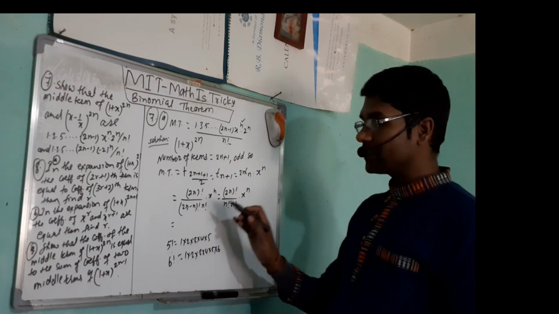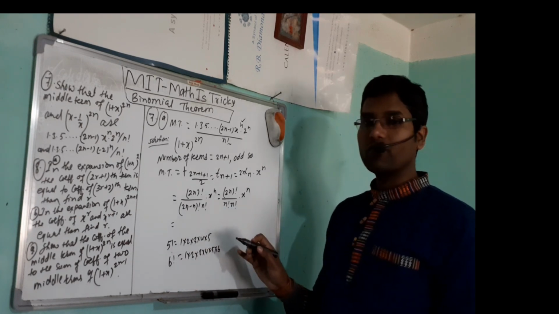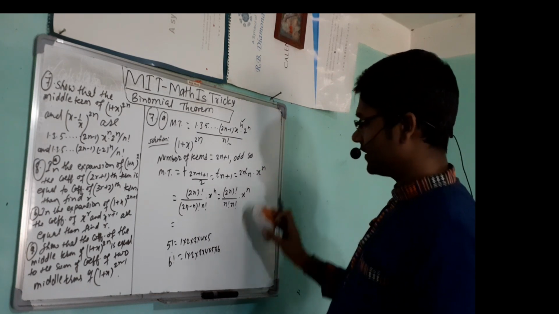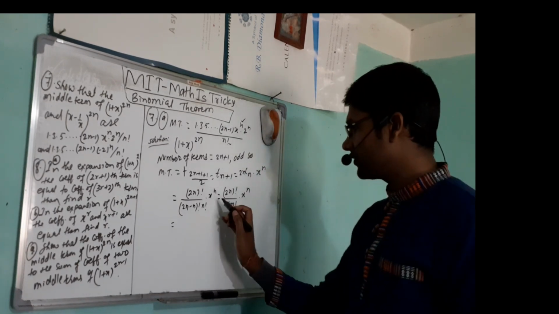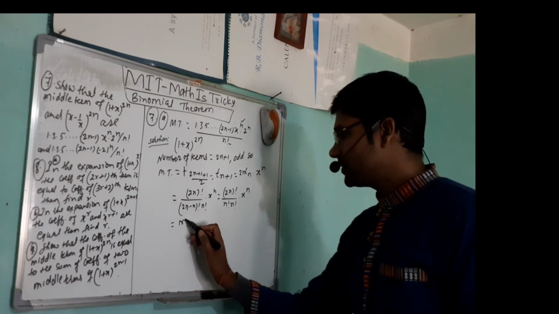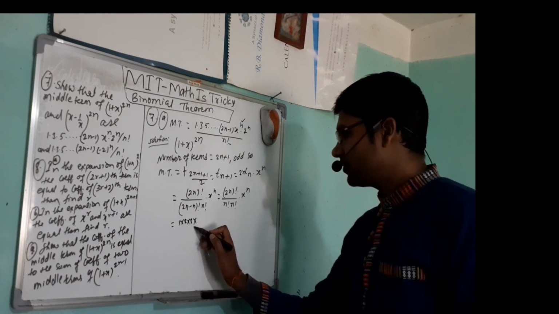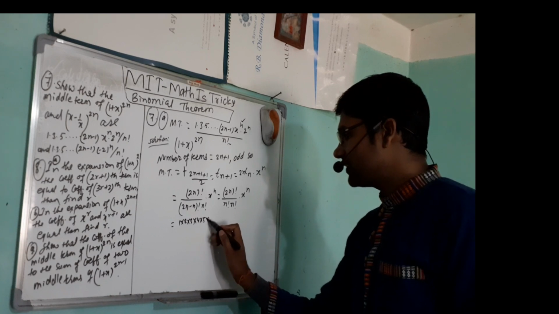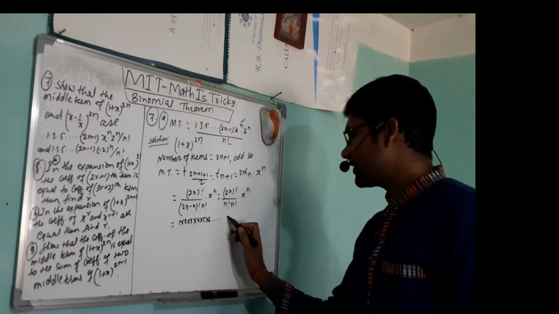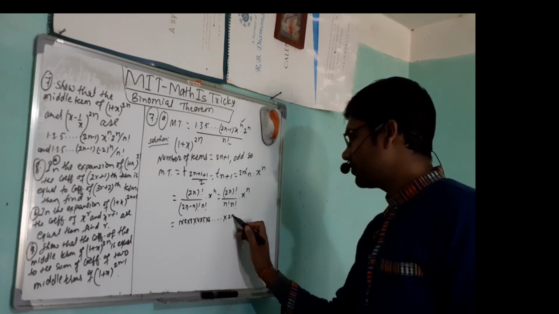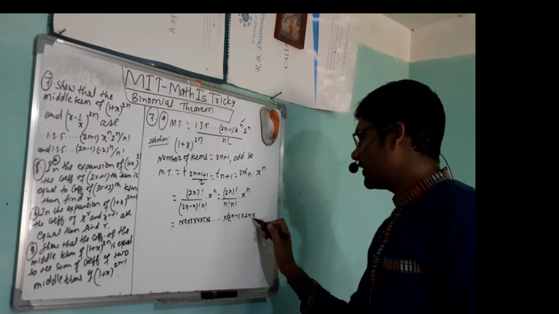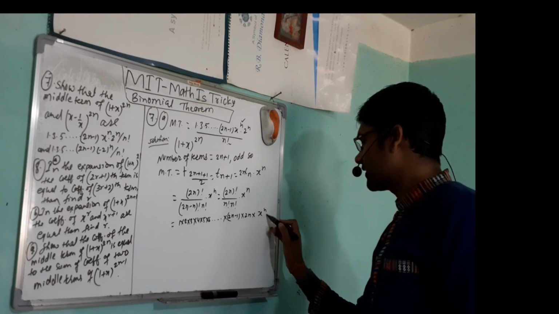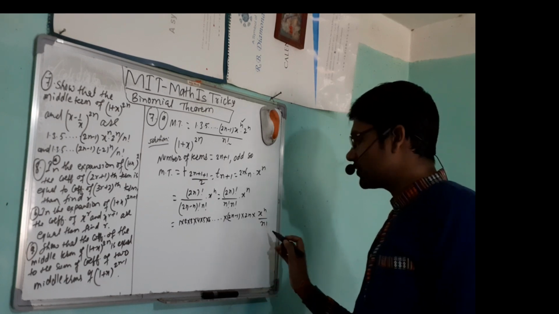Continued multiplication from 1 to n is n factorial. So now I'm going to use this for (2n)!: 1 into 2 into 3 into 4 into 5 into 6 ... at last 2n - 1, and then 2n, then x^n, and n factorial, because this is what we need.